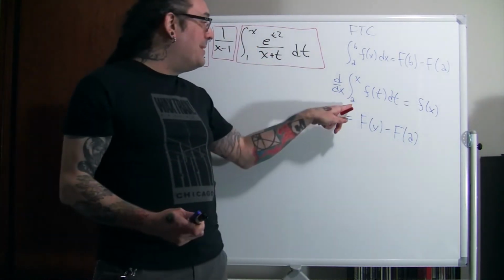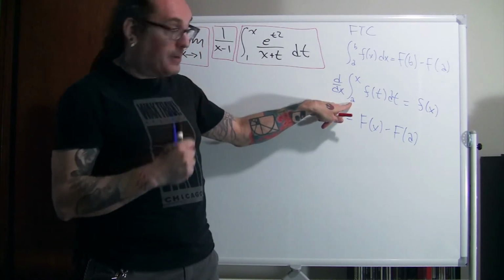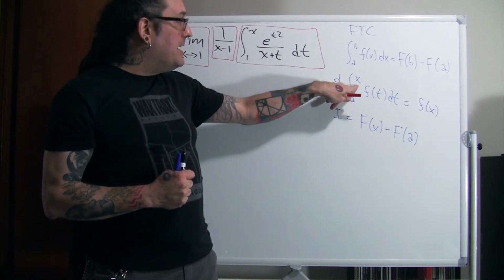That's why we don't care what's down here if it's a number. What we care about is it being a variable.